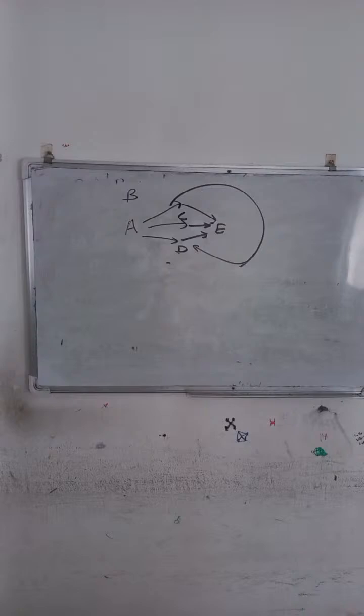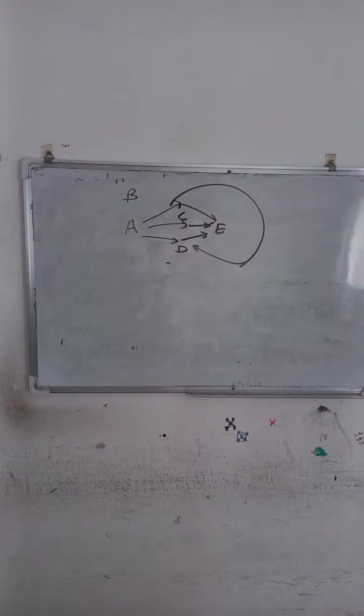So next: a dash is considered an artificial terrestrial ecosystem.